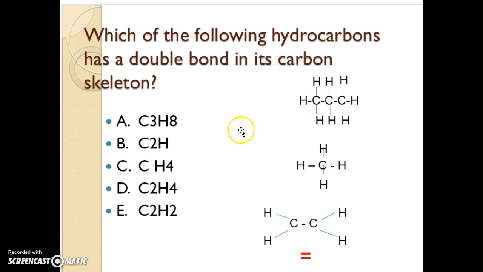If we were to draw out B, with 2 carbons attached to each other and just 1 hydrogen available, that would not work because there would be too many empty valence spots for both of those carbons.